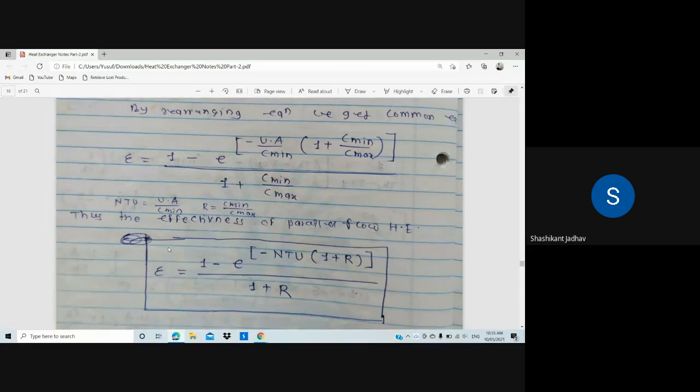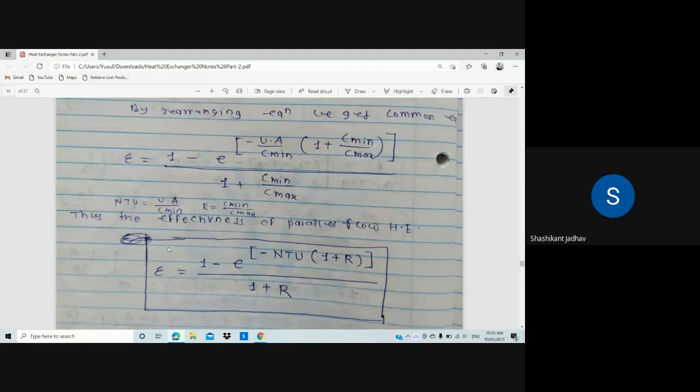Epsilon is equal to 1 minus e raised to minus NTU into bracket 1 plus R divided by 1 plus R.